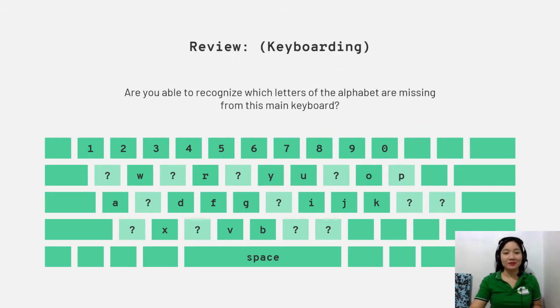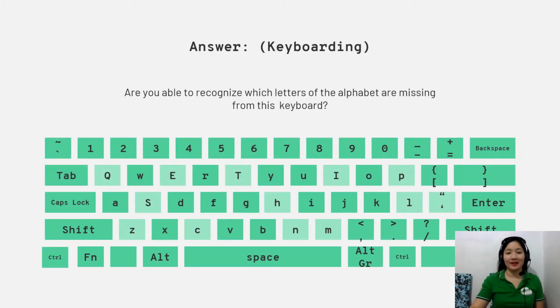Are you able to recognize which letters of the alphabet are missing from this main keyboard? Okay, here are the answers. Again, are you able to recognize which letters of the alphabet are missing from this keyboard?